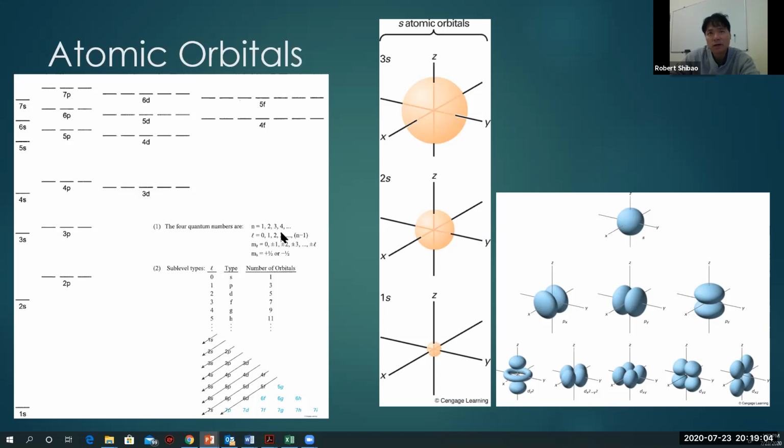Well, the Schrodinger equation, what it spits out is other equations. And the other equations are going to depend on 4 variables. These 4 variables, they're mathematical restrictions for the allowed solutions to the Schrodinger equation.